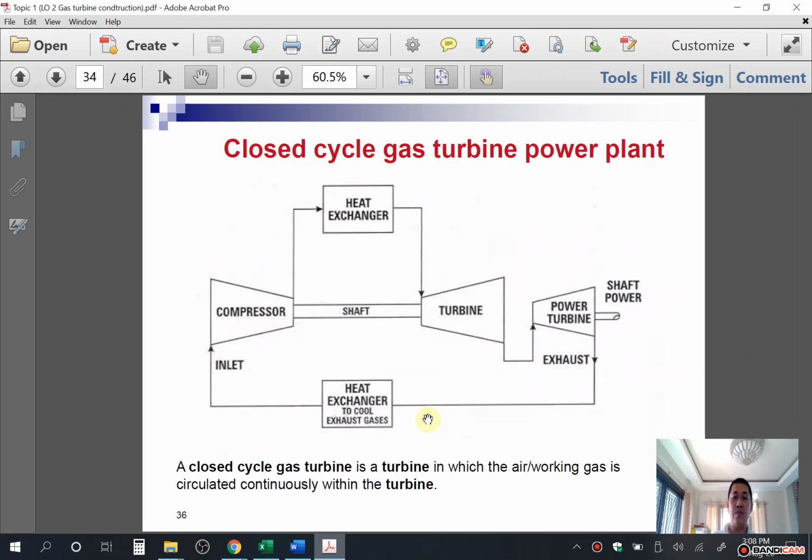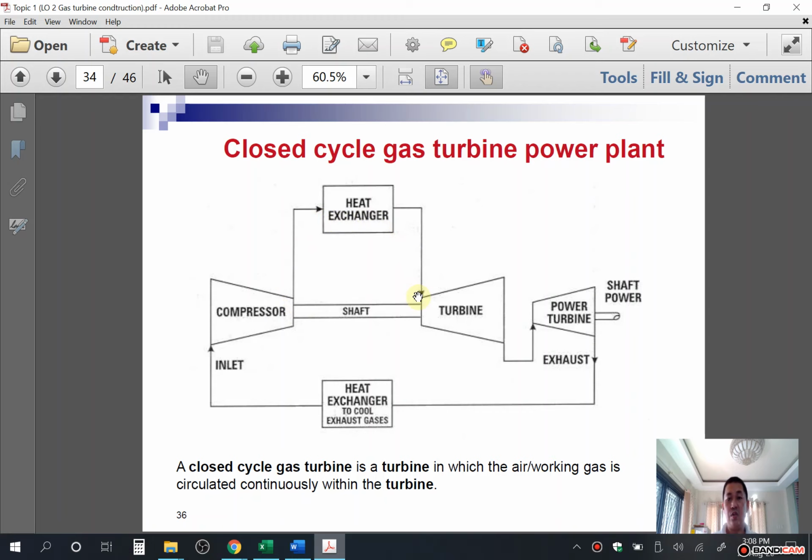Closed cycle gas turbine power plant. So you see here, there's an inlet of air coming from your exhaust, which is passing through the heat exchanger to cool the exhaust gas, and then it will be sucked again into the compressor, then delivered again to the heat exchanger and to the turbine.